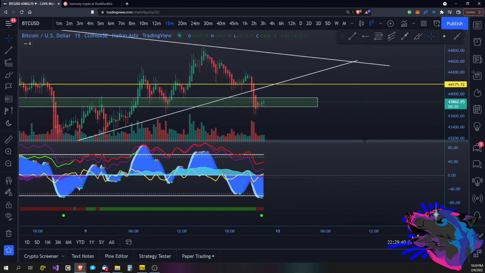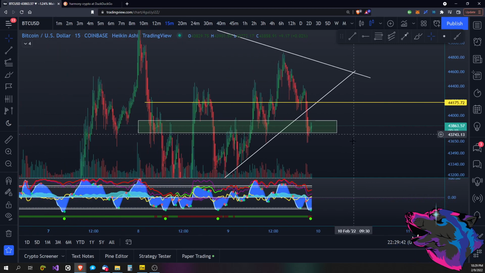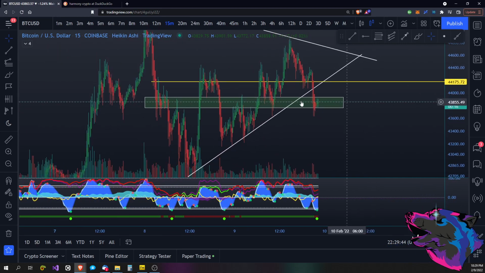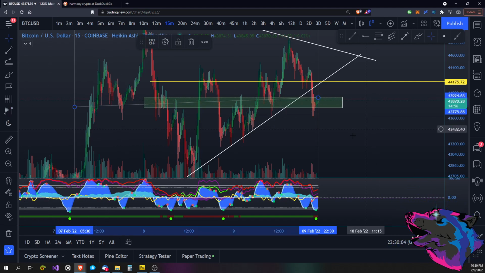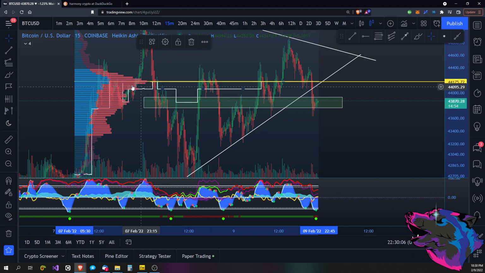If you're wondering what I got over here on the chart, got the strongest support resistance area in here, the strongest amount of volume. Got that with our fixed range volume profile. If you're not familiar with that one, hit up the support resistance video that I did, show you how to use that. Just real quick, came from here.